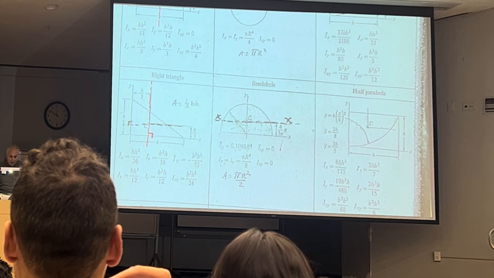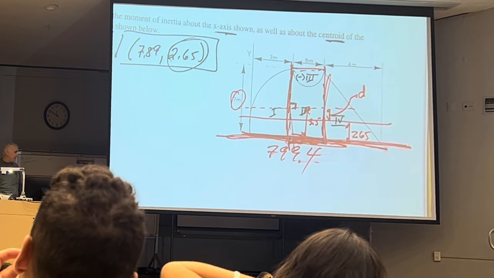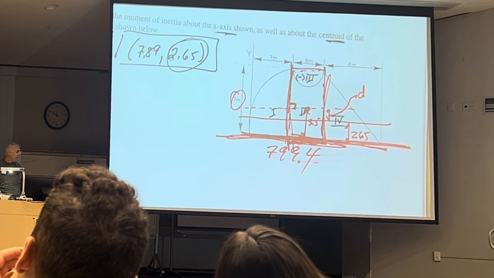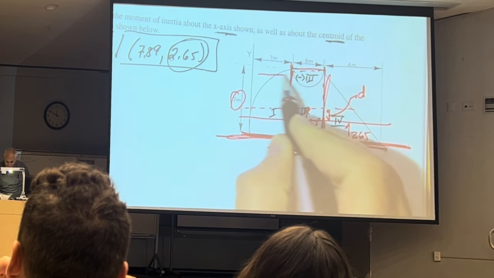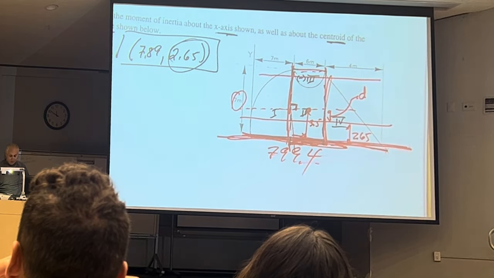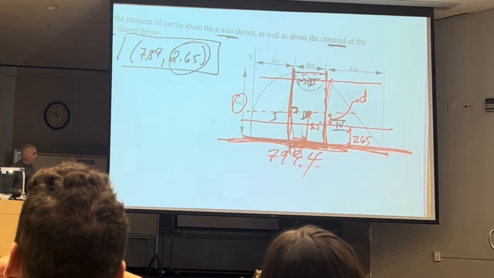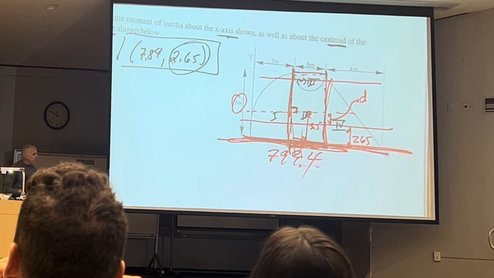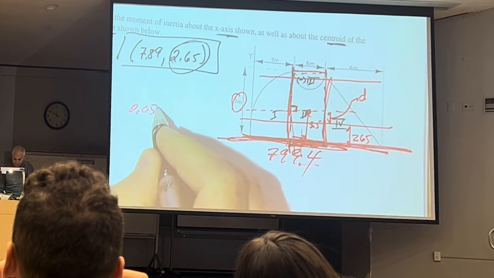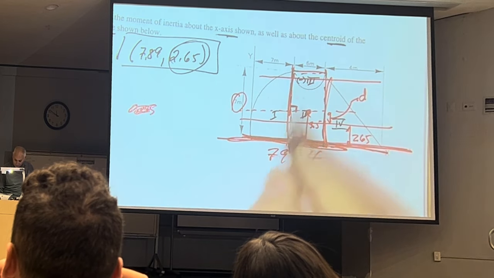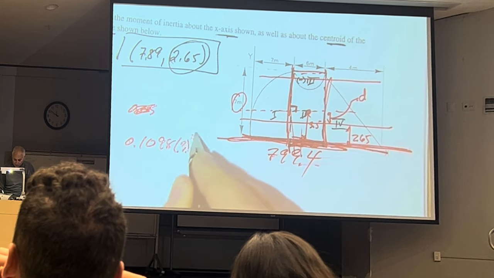Okay? The only thing I have to worry about is this semicircle, which is not on the base. Is it? So I could do, hey, the I that goes through here, and then send it down to the base. So it'd be the only one I have to worry about. The only one. For the semicircle it is 0.1098 R to the 4th.